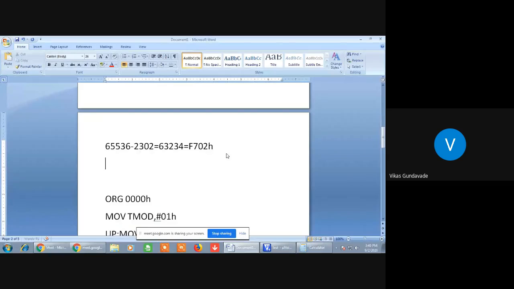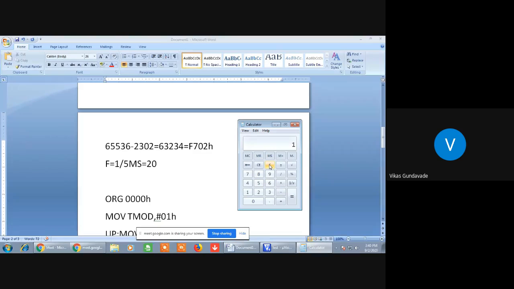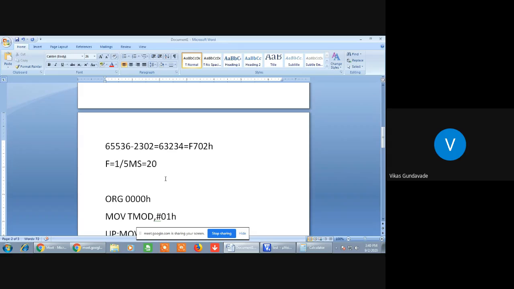F is equal to 1 divided by 5 milliseconds, which is 1 divided by 5, 0.2 kilohertz. That will be the frequency for that particular wave.